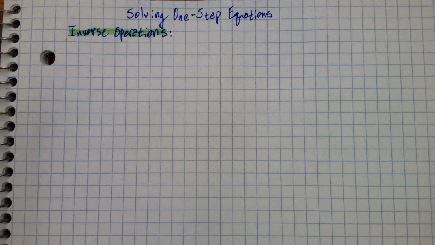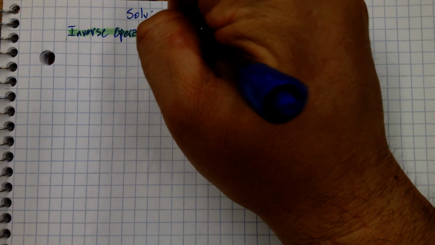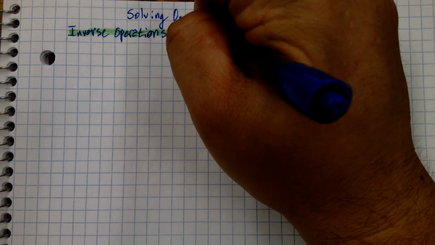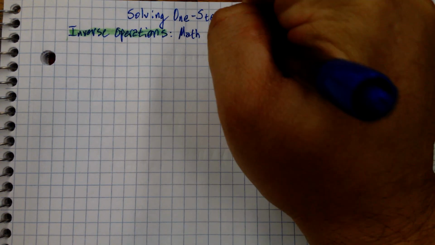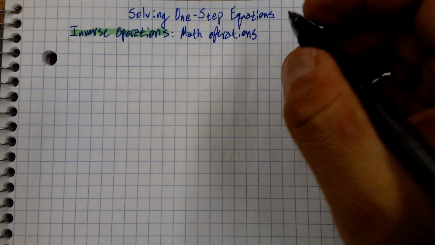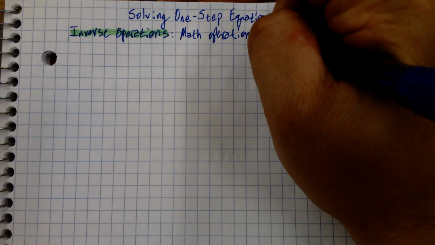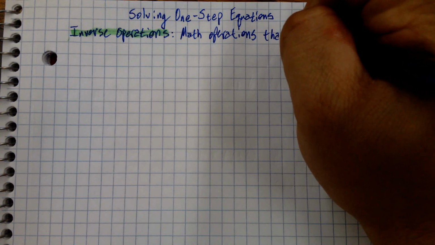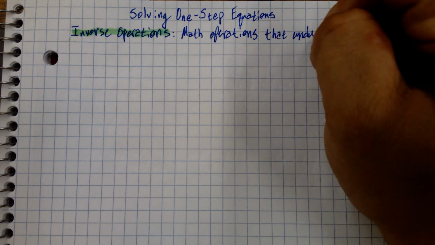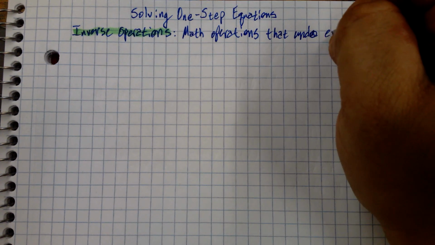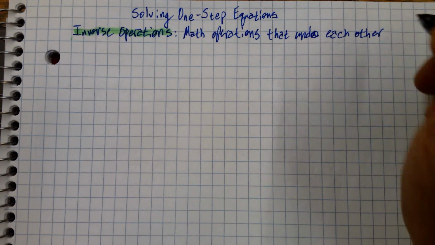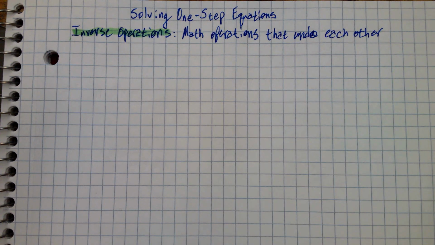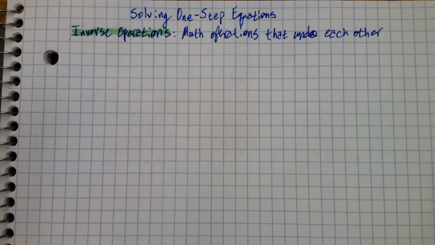So basically, these are math operations that undo each other. I'm pretty sure we all know which ones they are.